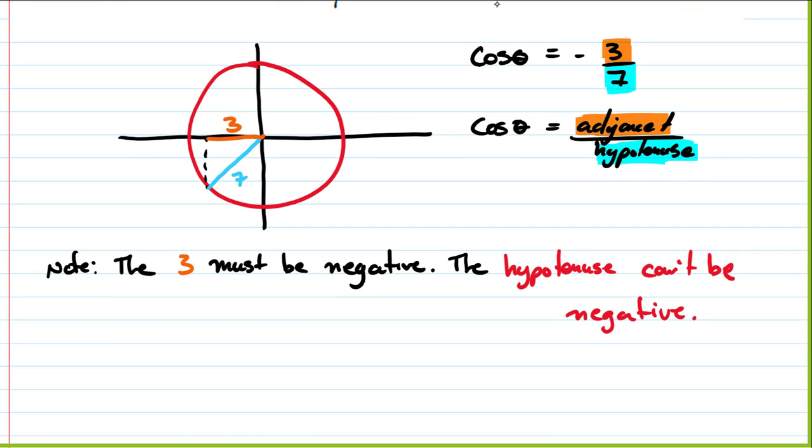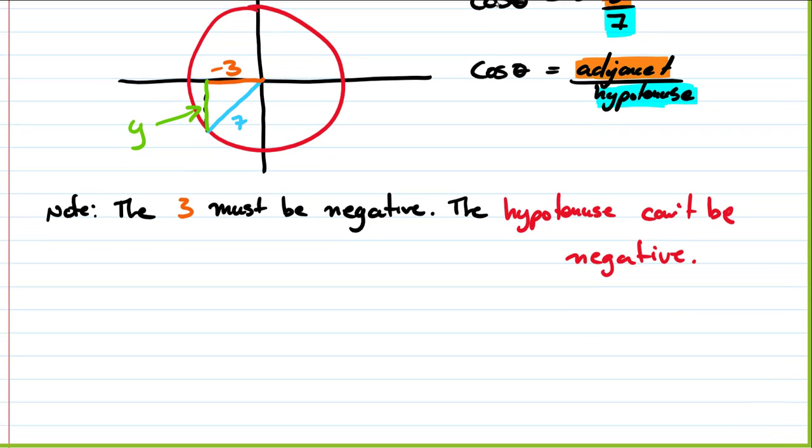So then we have this side is 3, and we need to find the missing side over here. Well, we want this, which we're going to call y.